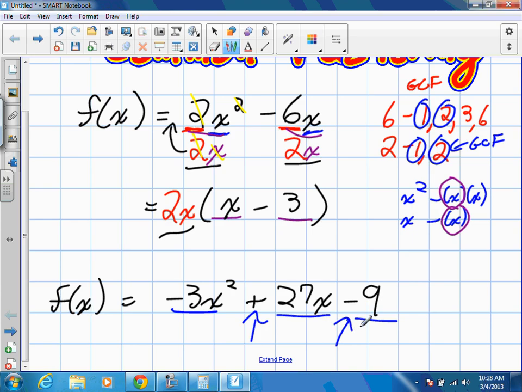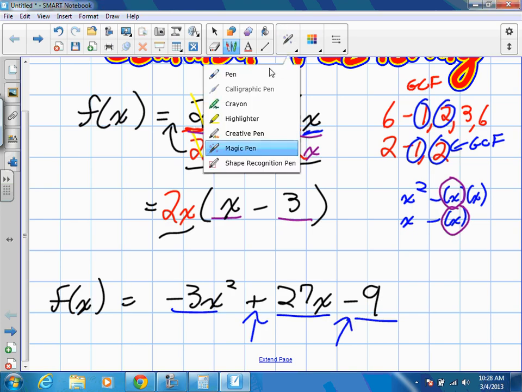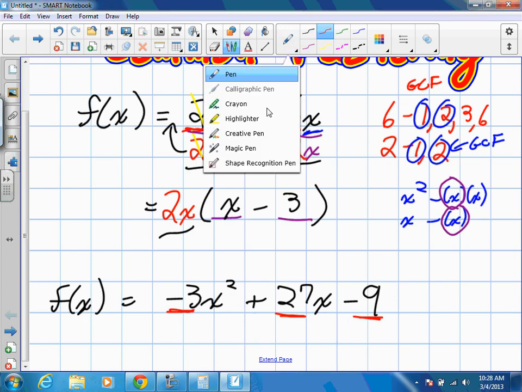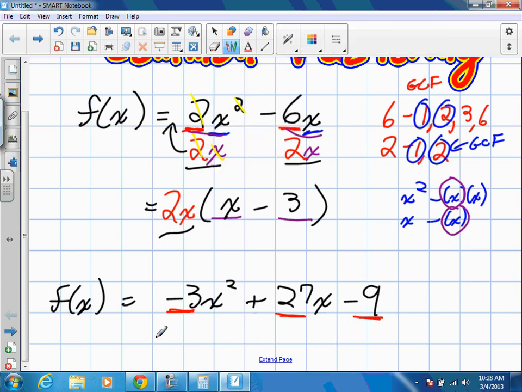So I look at the coefficients first. What do we think will be a good coefficient here? 3. Okay. Now, just as a heads up, in the future when we go through this, we usually want our first value to end up as a positive value. So if I have a negative 3 or a negative value in the front, I probably want to divide by a negative value. Okay? So we're going to divide each of these terms by negative 3.